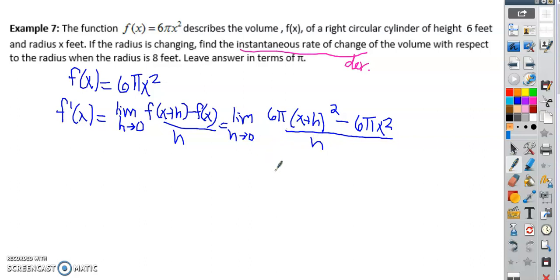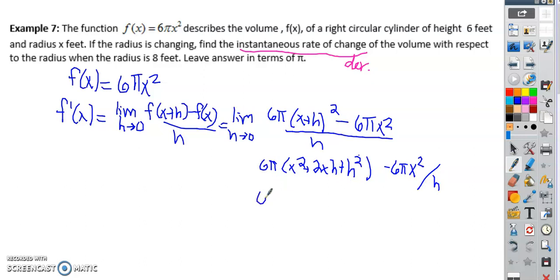What do I get? I have to FOIL out the x plus h squared, so I have 6 pi times x squared plus 2xh plus h squared. Hopefully you're starting to get comfortable and familiar with that. Minus 6 pi x squared all over h.